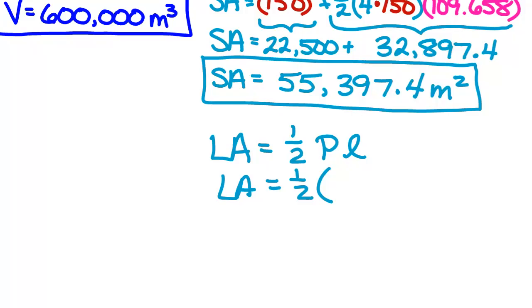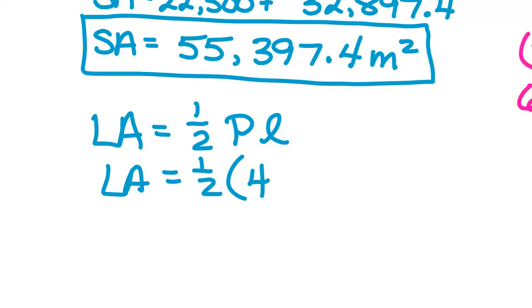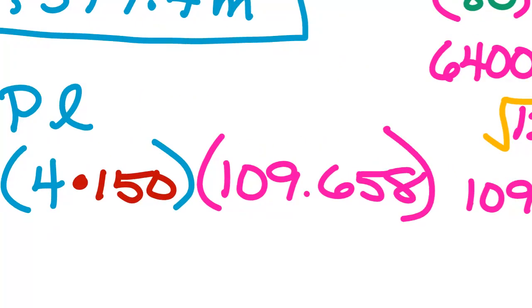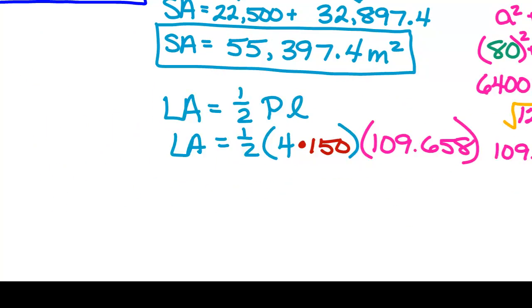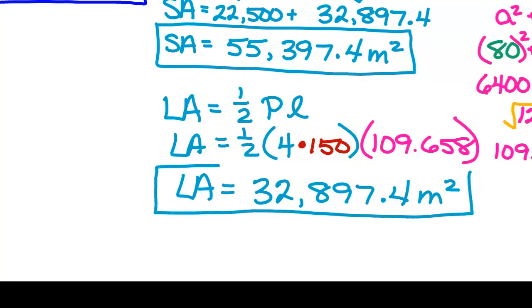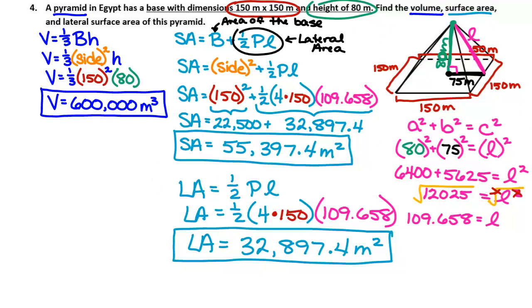So I would have 1/2 times 4 times 150 times my slant height of 109.658, which we already stuck into the calculator one time. And when we did that, we got 32,897.4 meters squared.